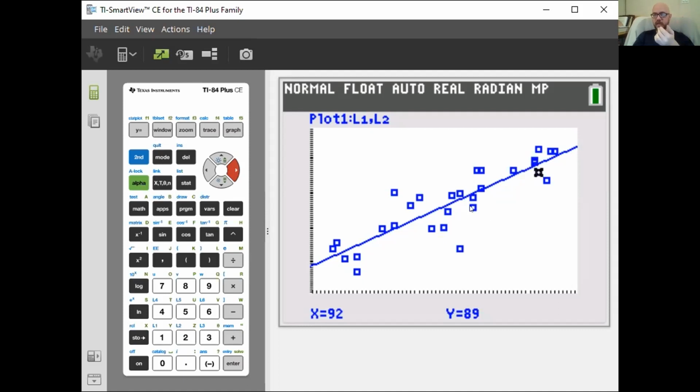So below the line should be negative residuals. And so what I want to do is subtract the actual y value of the data point minus the value of the prediction, so that we get a positive number if the y value was bigger than the line, or bigger than the prediction.